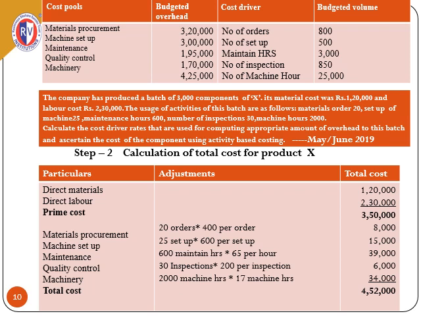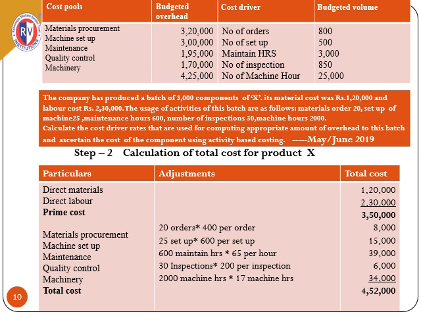So let us start with this product. Direct materials: the cost of the direct material is given in the problem, material cost was rupees 1,20,000. Next is the labor cost, which is also given for this product, 2,30,000.